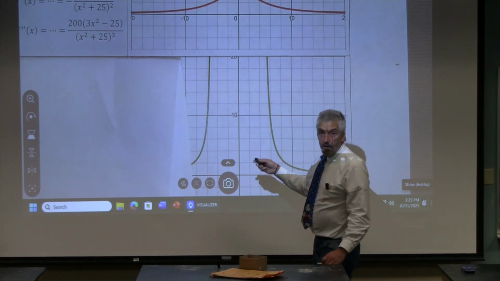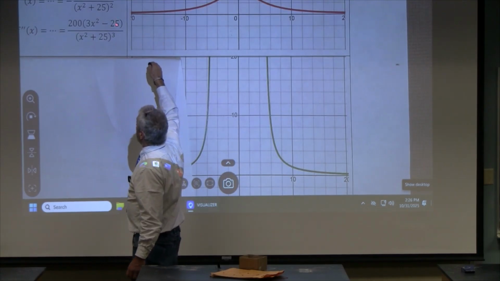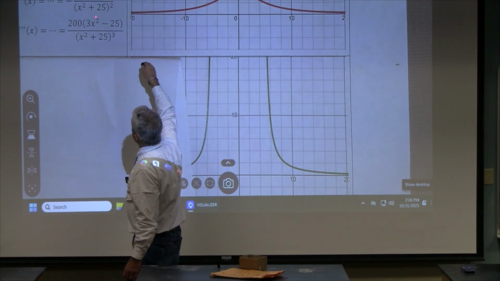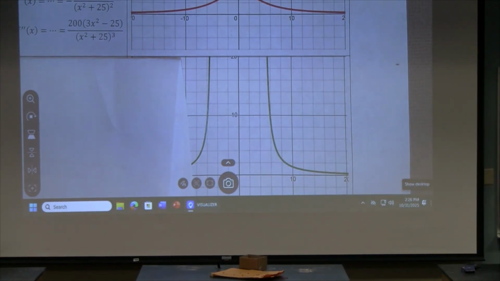We found out that there are. The 5 over square root of 3 and -5 over square root of 3, those numbers both cause it, because this factors. So let's just write that down. F double prime of x is, I'm going to pull out that 3. So 200 times 3.